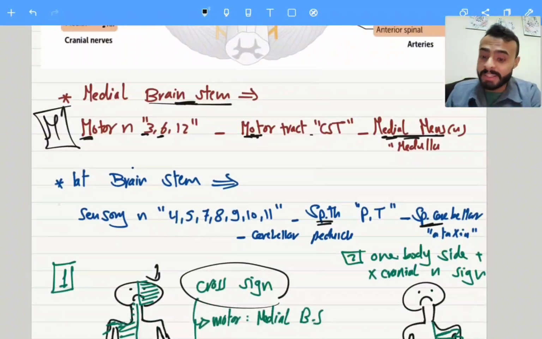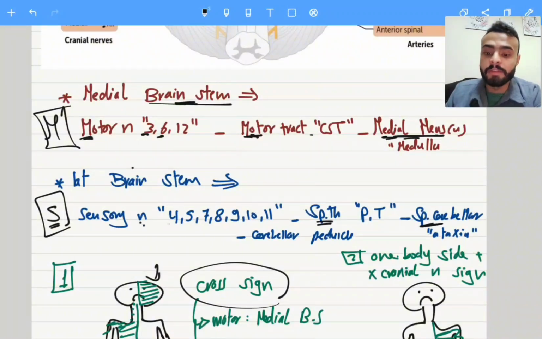While lateral brainstem, it will contain things with S letter, sensory nerves, the rest of nerves other than 3, 6, 12. Spinothalamic tract, carrying pain and temperature. Spinocerebellar tract, going to cerebellum, so for balance, and cerebellar peduncle also for balance.